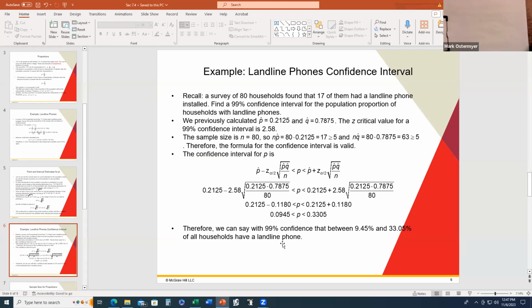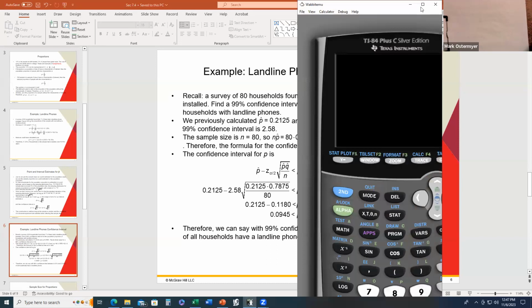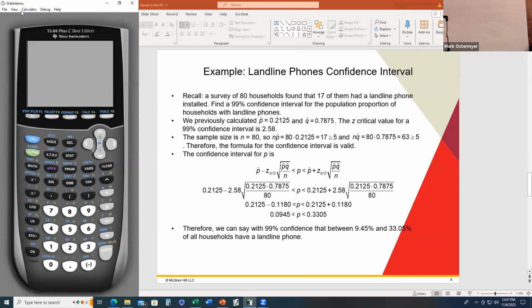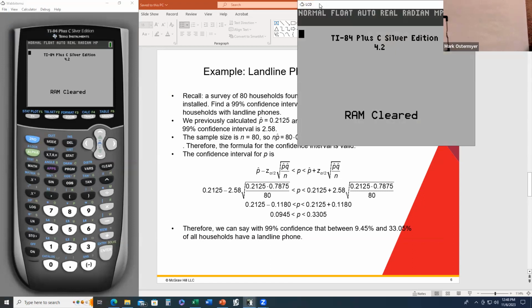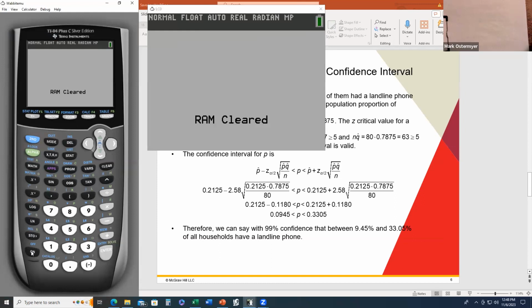All right, how can we build this confidence interval using our calculator? Well, let's bring it up and we'll show you. Okay.